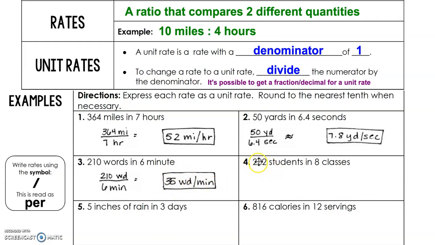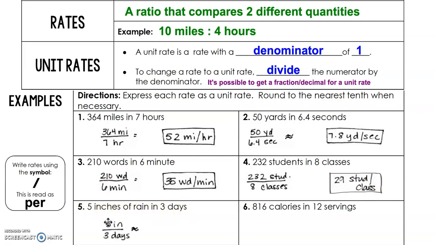We have 232 total students in 8 different classes. And so if we say we have 232 students over 8 classes, how many students would we have per class? So divide. 232 divided by 8 gives us 29 students per class. If we get 5 inches of rain in 3 days, we want to know how much rain we got per day.